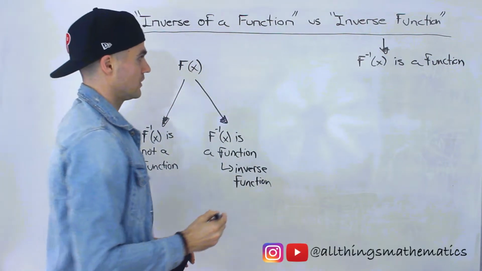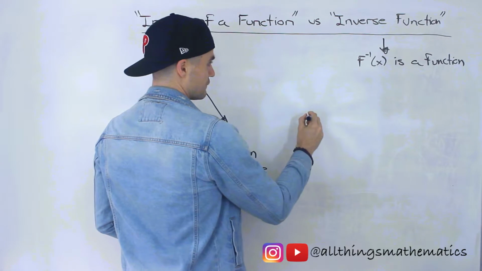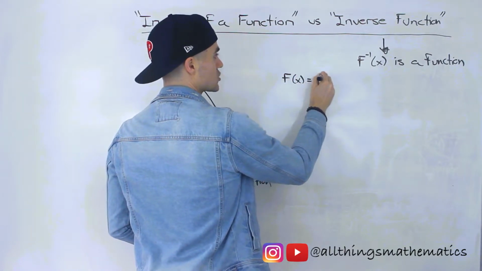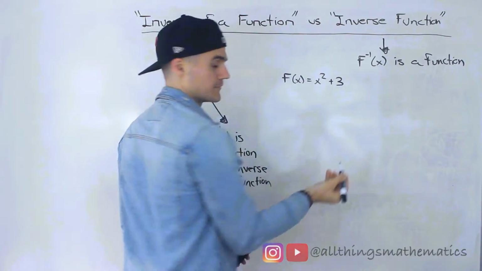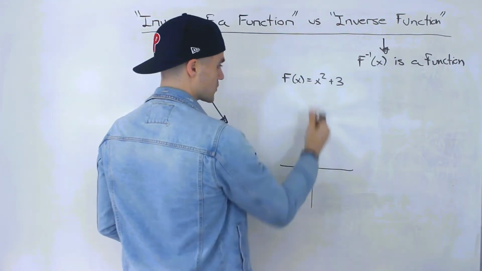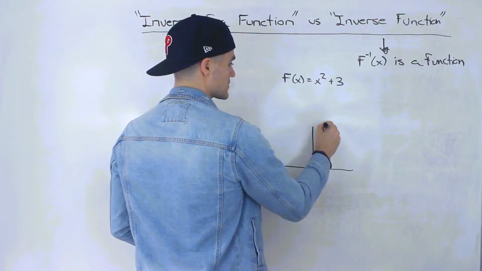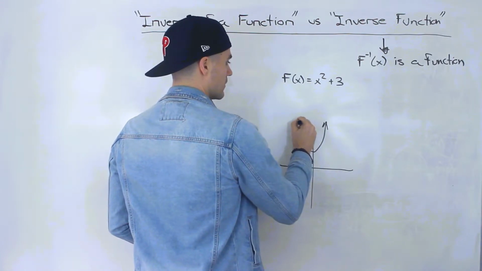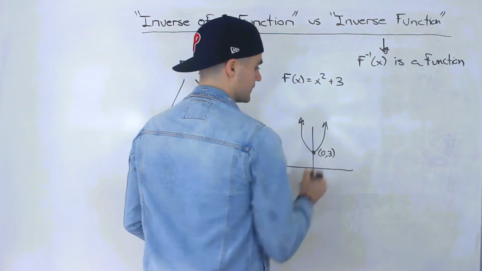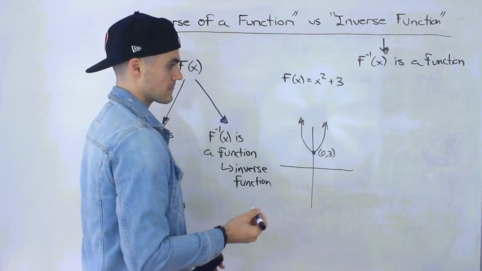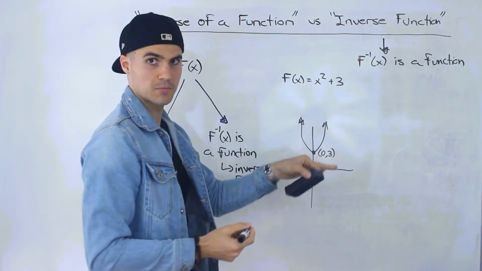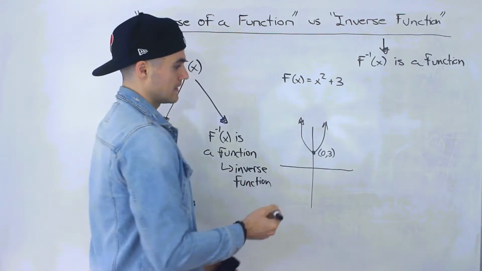For example, let's say that we have the function x squared plus 3. If we graph that, that's just x squared shifted up by 3 units, so the vertex is at (0, 3). We know the inverse of a parabola is always going to be a sideways parabola.